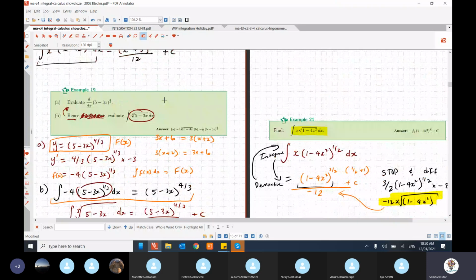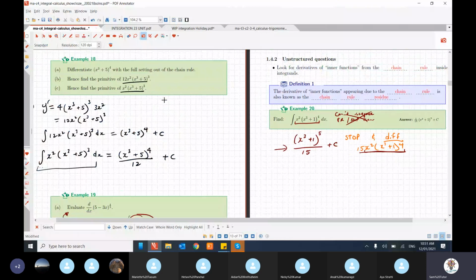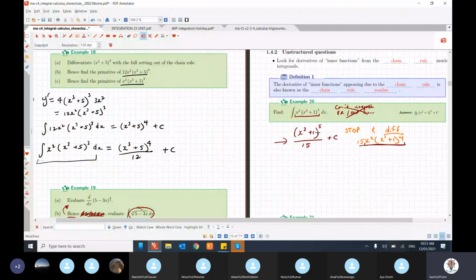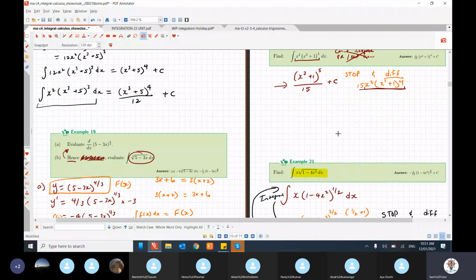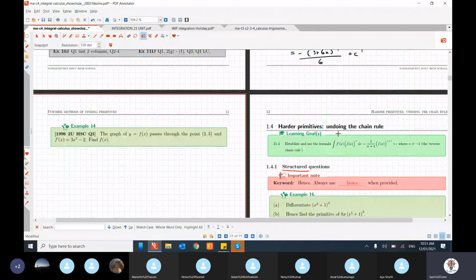Just do the exact questions I've given you 2-3 more times, and you'll get the hang of it. The structured ones are usually okay. They don't have a big issue with them. It's more the unstructured ones where you have to stop, differentiate, go back, fix up, and so on. Those are a little bit more annoying.